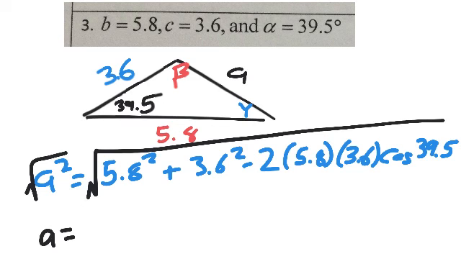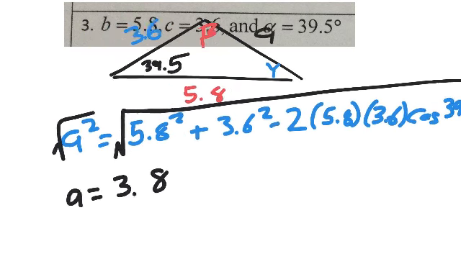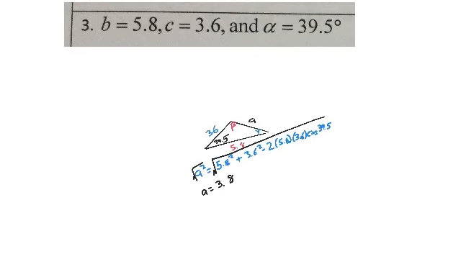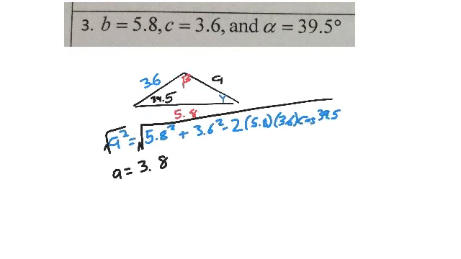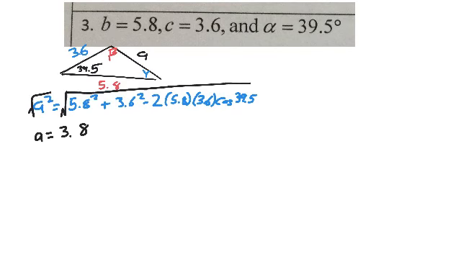And so I find that my missing side A is 3.8 units.